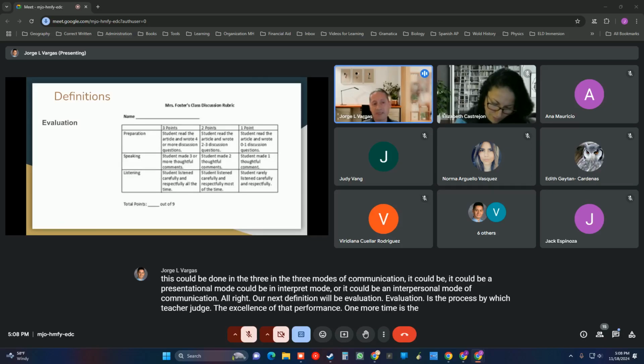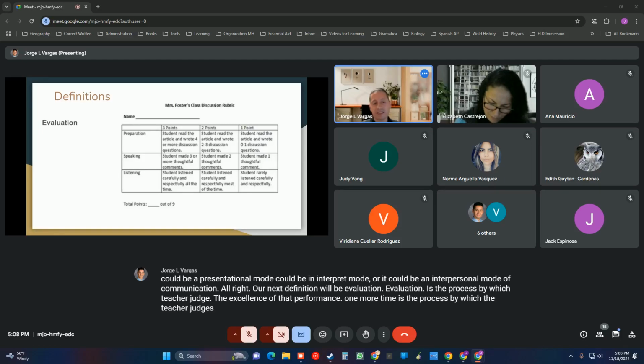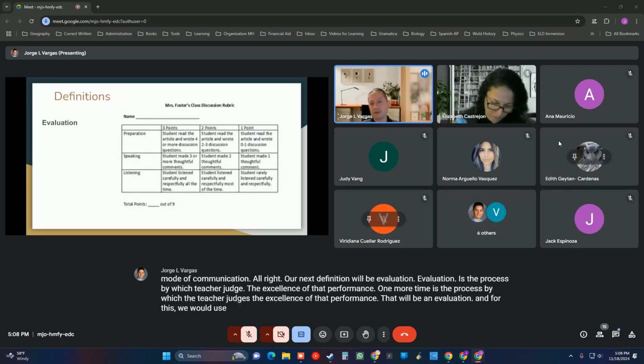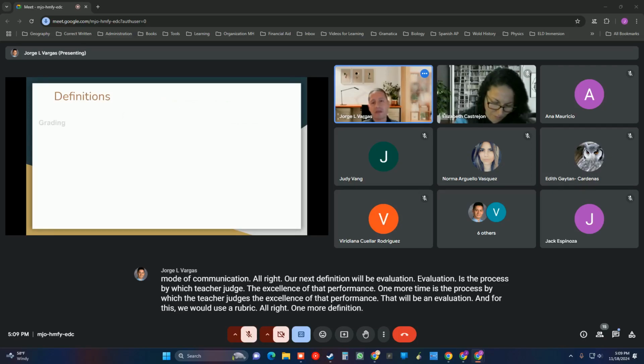One more definition, and that would be grading. Grading is the percentage to generate a single rating meant to summarize achievement over a period of time. This could be a quarter grade or a semester's grade.